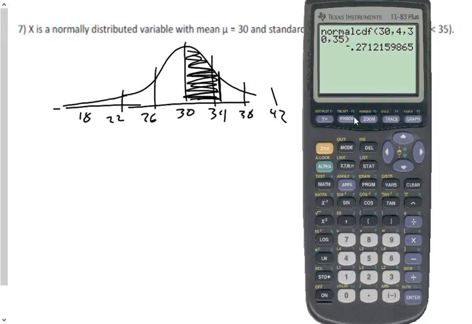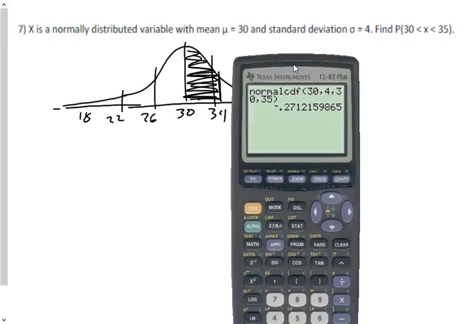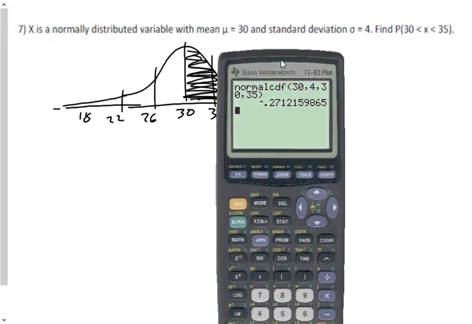And what this should spit out is the probability that the data value is between 30 and 35.